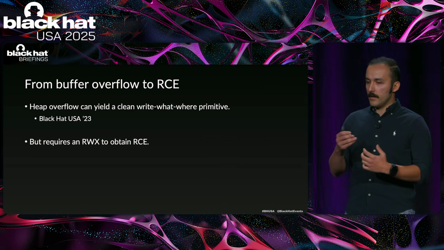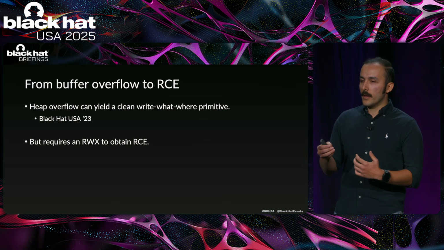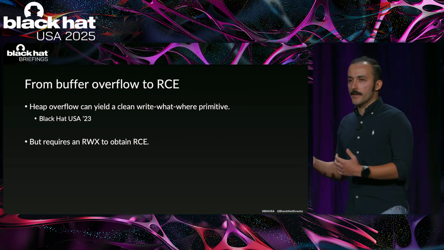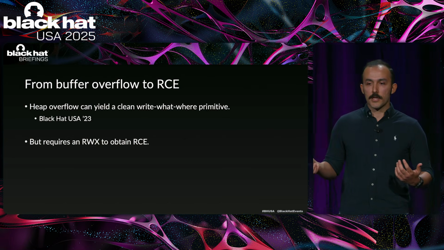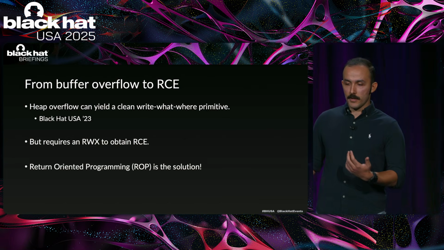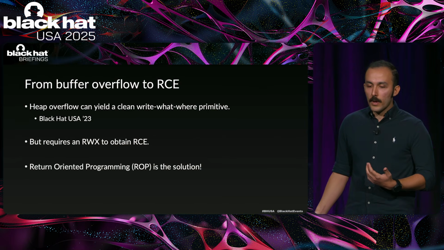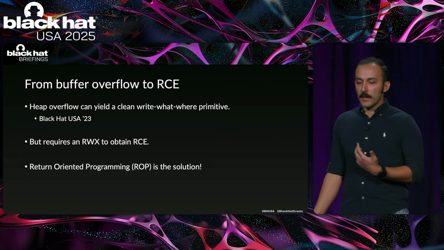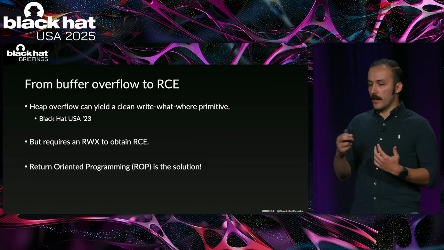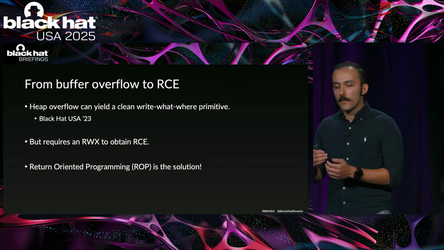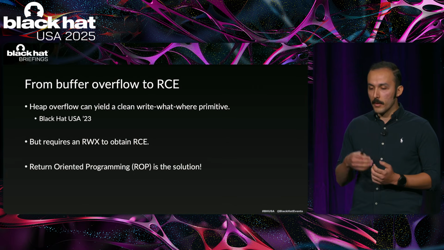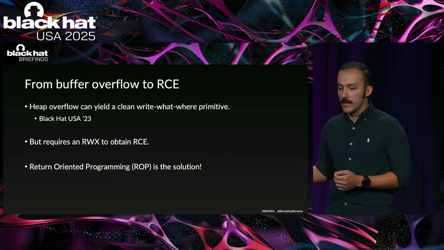Now, if you can't inject code to exploit a baseband, you can still use the existing code to run something malicious. And that's where return-oriented programming comes in. An attacker could use the heap bug to achieve a write-what-where primitive and bypass stack canaries by overwriting the original value in global memory without crashing the baseband.